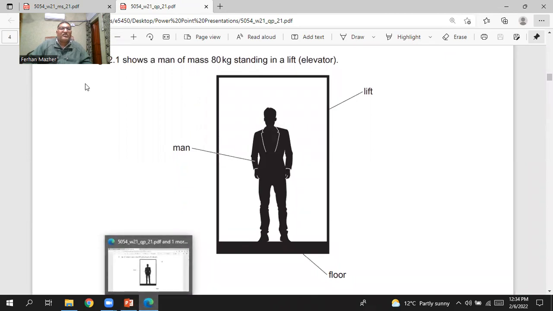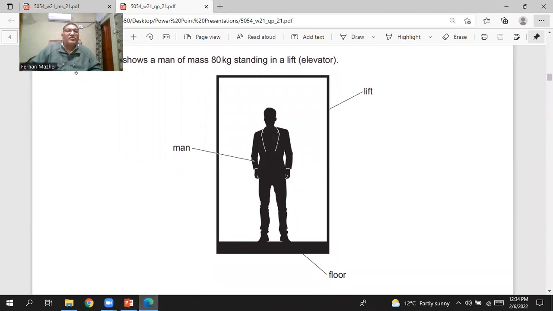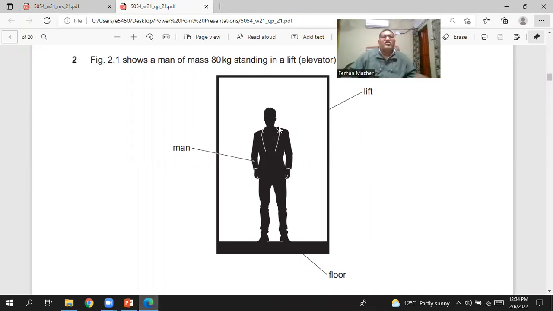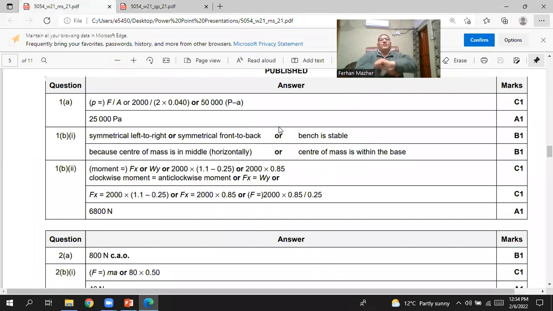Before going to the next question, let me show you the marking scheme. Okay, so on your screen, you can see the marking scheme of question number 1 showing up. I have already checked my answers. I've compared my answers with the marking scheme. One good thing you can do is pause this video and take your time and read this marking scheme carefully. I always advise you that it is a must to check your answers with the marking scheme.